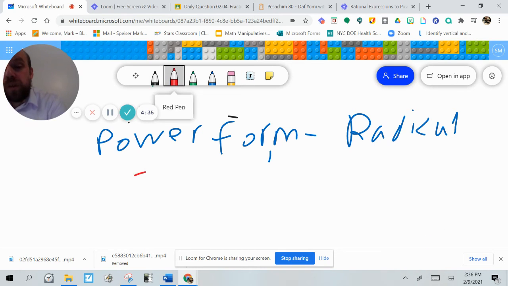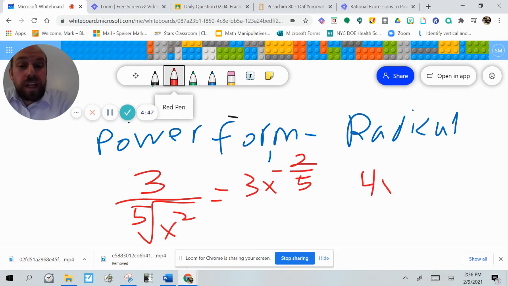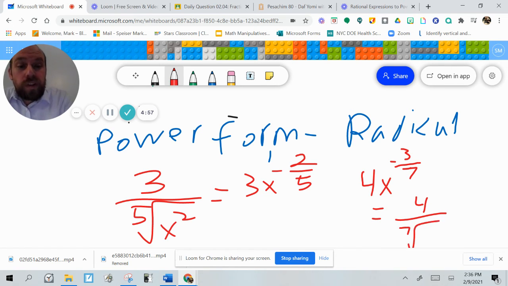So if we had 3 over the 5th root of x squared, that'll be 3x to the -2 over 5. Or let's say I had 4x to the -3/7. That'll be 4 over the 7th root of x to the 3rd power. That's combining both the rules.